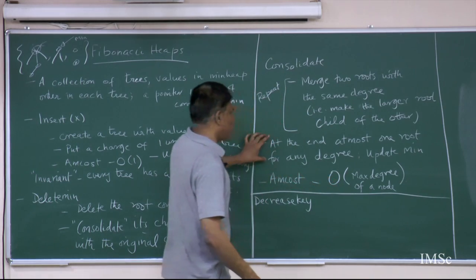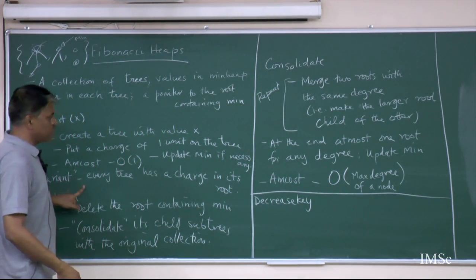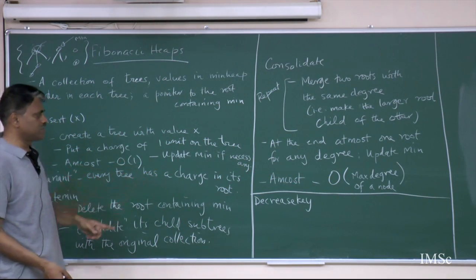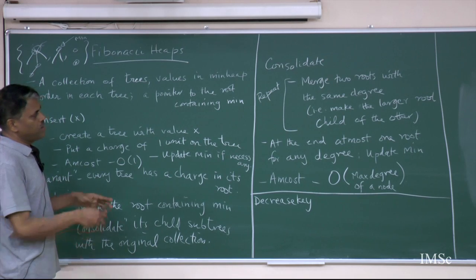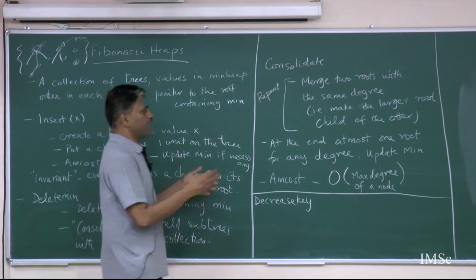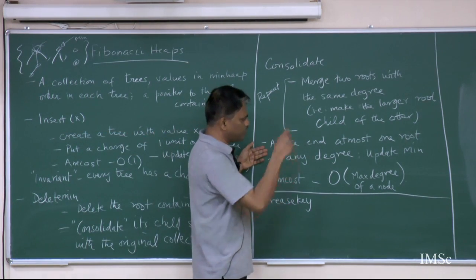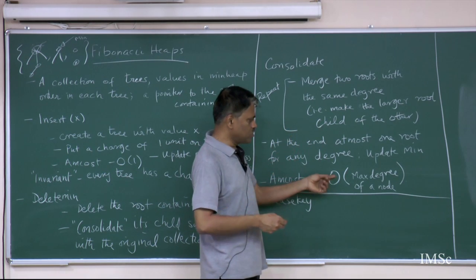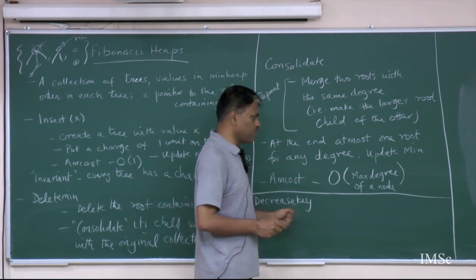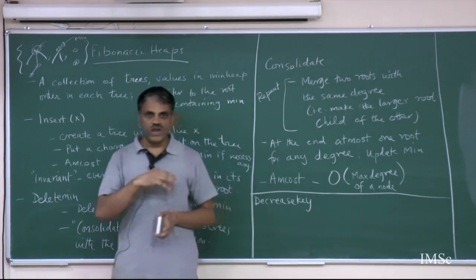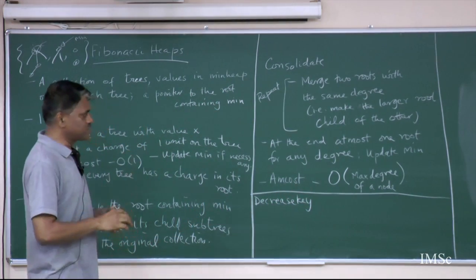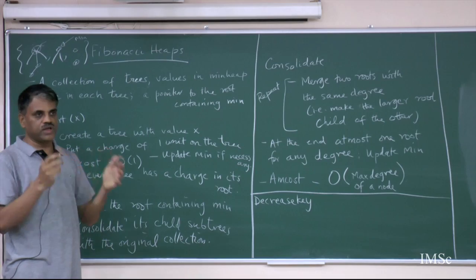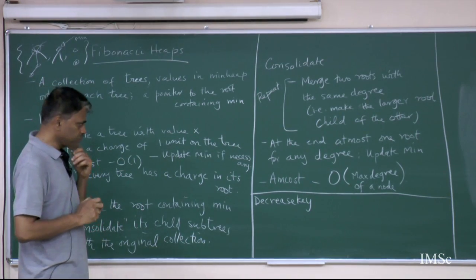And at the end of it, I also want to maintain the invariant that every tree has a charge in its root. So that can be max degree many trees at the end. So I'm going to put 1 charge on that. So whatever that unit is, I will have amortized cost of order maximum degree of a node. And we will argue that is the only thing which I left last time, is the maximum degree is logarithmic in the number of nodes in the tree.